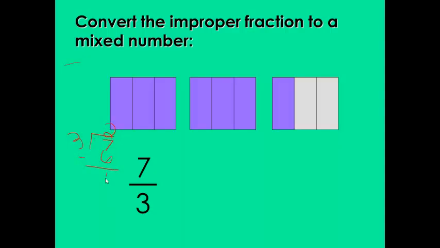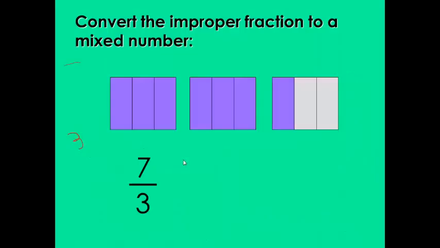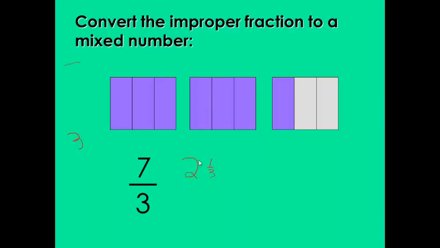So we have 2, remainder 1. I know that 2 will be the whole number, and 1 is our remainder, and we rewrite the denominator from the original fraction. So it should be 2 1/3.